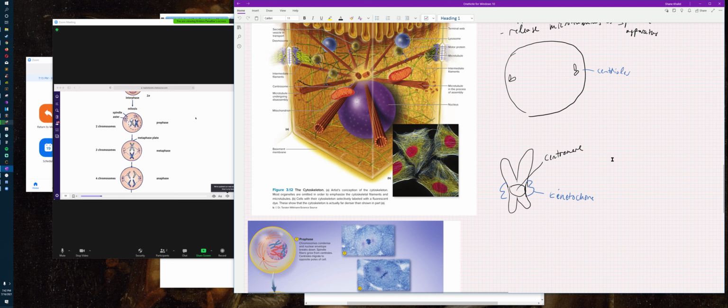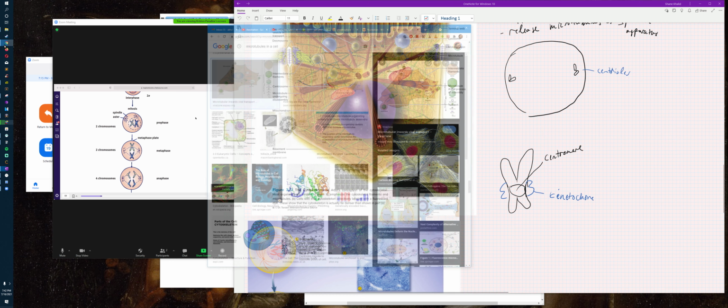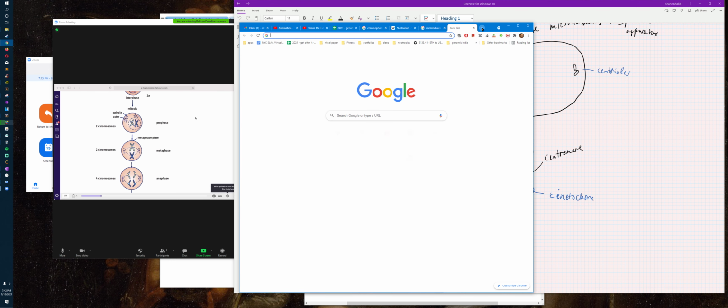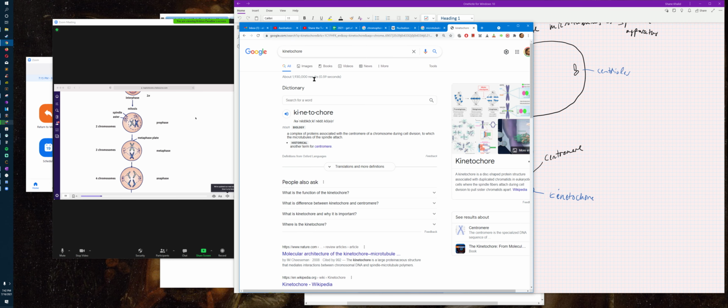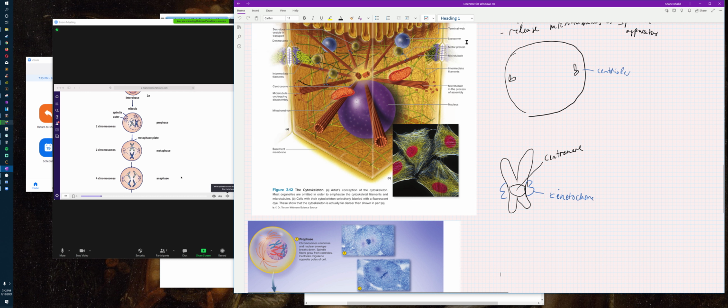Wait, so the kinetochore... I get the centromere in the middle. It connects the sister chromatids, but the kinetochore encompasses the centromere and part of the sister chromatid. The centromere is essentially just the center of the chromosome. The kinetochore is this thing that wraps around it, and that is what the spindle apparatus attaches to.